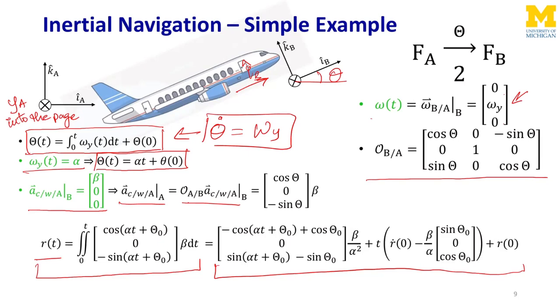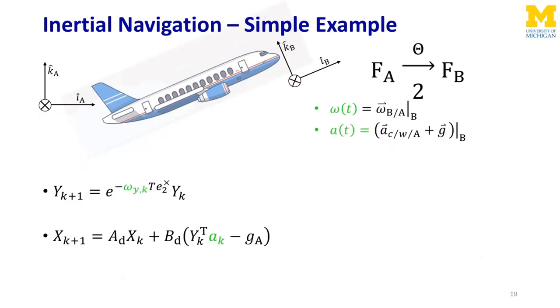So let's look at a more general approach to solving the position and attitude. What we are going to do is use the model that I showed you earlier. So we have the gyro measurements, and we have the accelerometer measurements.